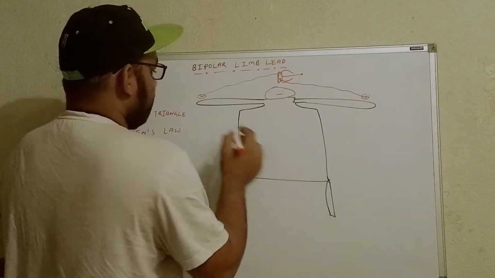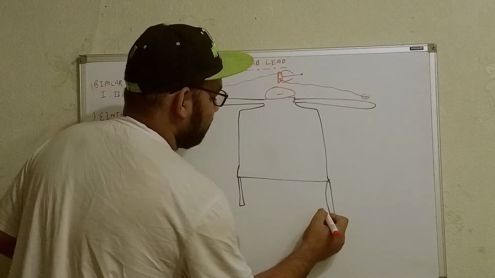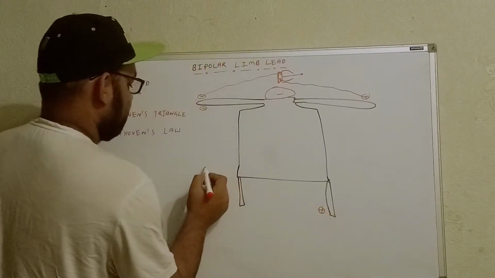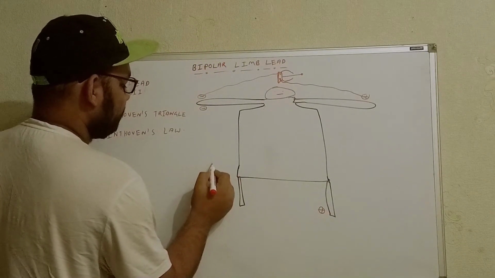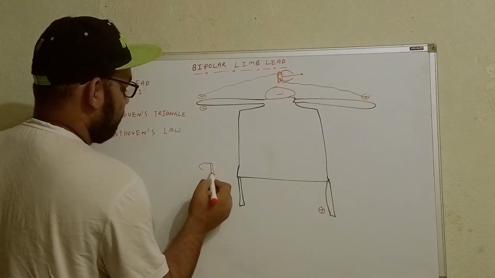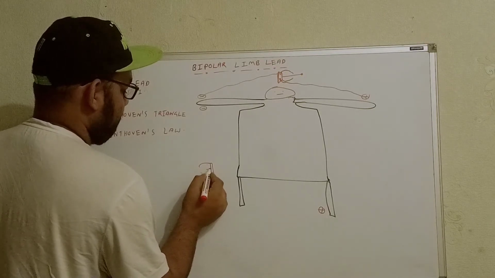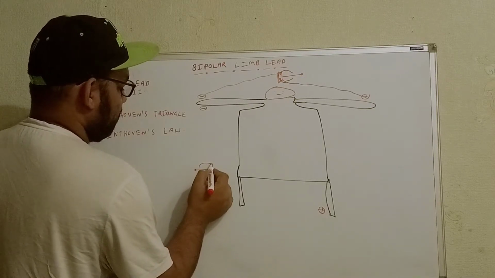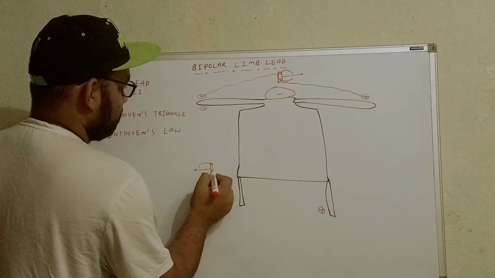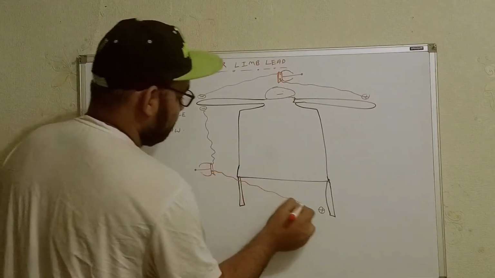We also talked about taking negative here and positive here. For example, here is the galvanometer. Let's draw it this way. There are also two points for the two electrodes. One is connected with the negative, and one is connected with the positive.